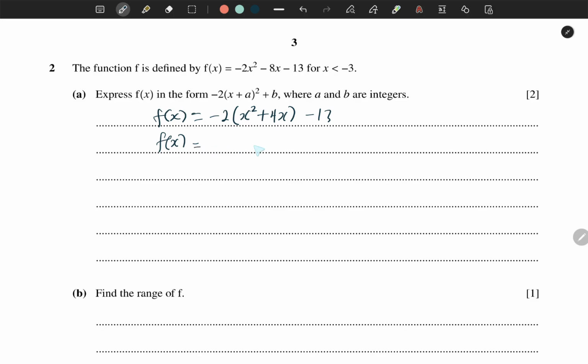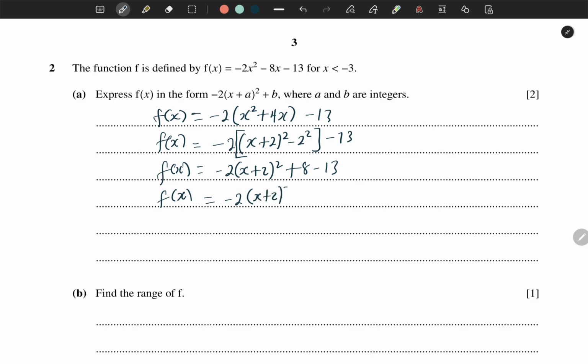We need to isolate minus 13. So now you have minus 2. Divide the coefficient of x by 2. That becomes x plus 2 squared. Then minus, there should be brackets here, minus 2 squared. Then minus 13. Alright. So you expand the brackets, minus 2 times plus 2 squared. Minus 4 times minus 2, that's plus 8. Minus 13. And you will finally have minus 2 in bracket x plus 2 squared minus 5.